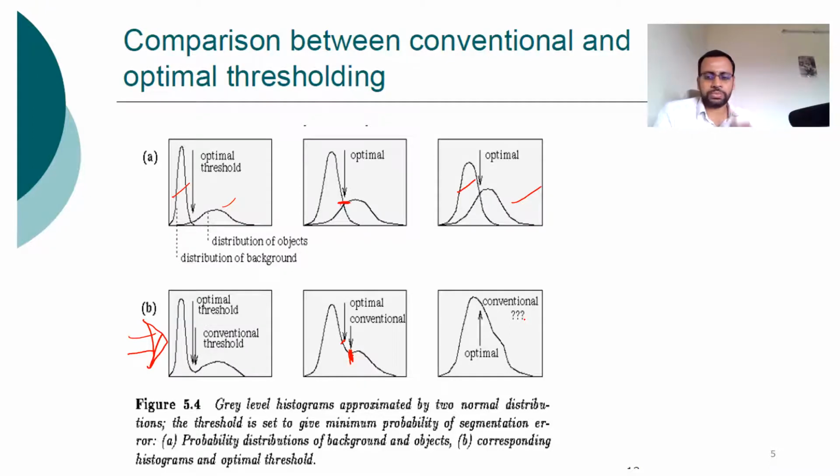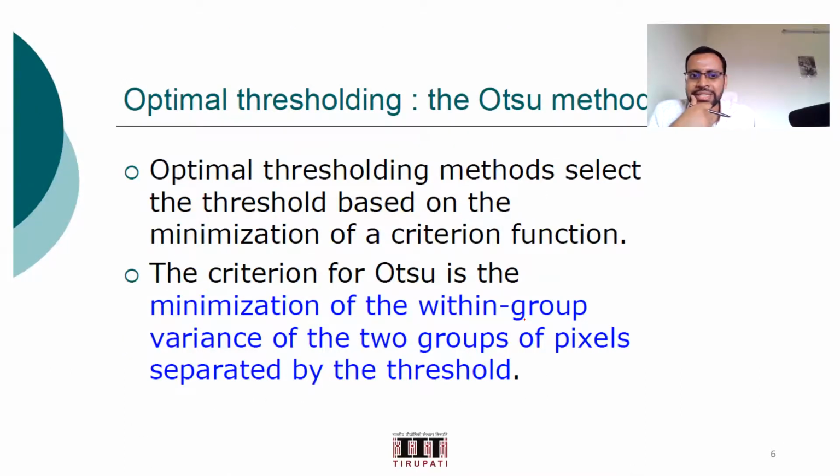So the method that we are going to discuss is referred to as Otsu thresholding. As I said, quite a few methods are available, not less than a dozen, in most of the tools. But again, we do just Otsu here.